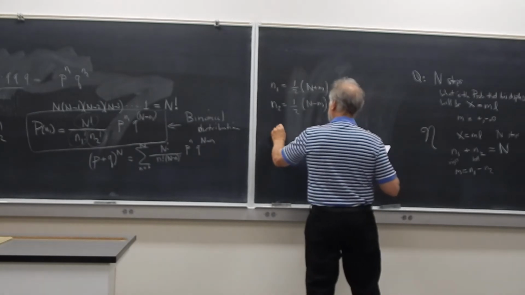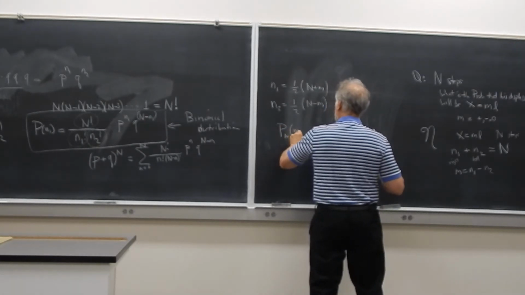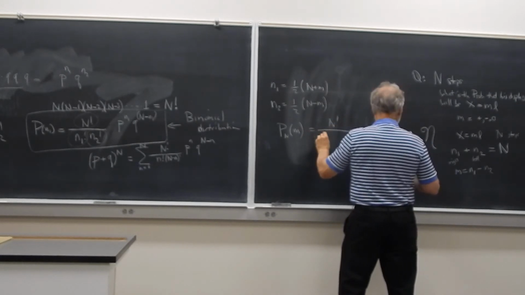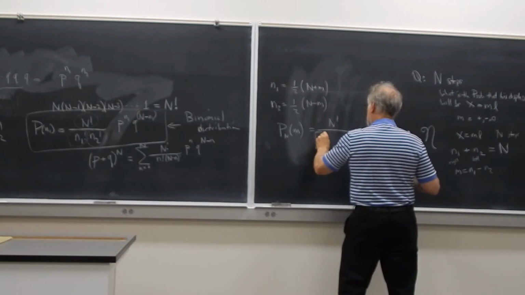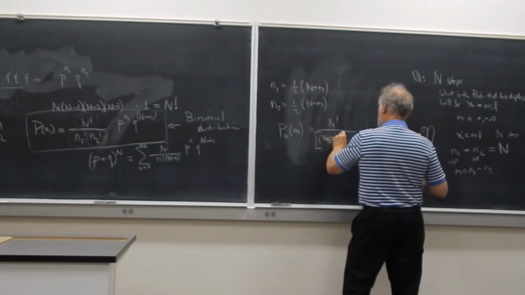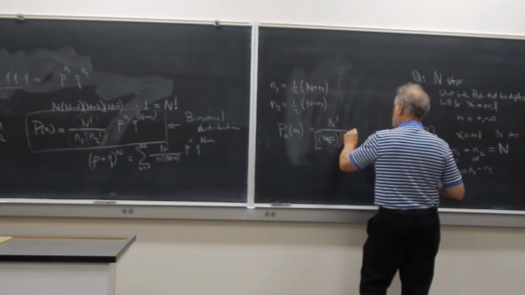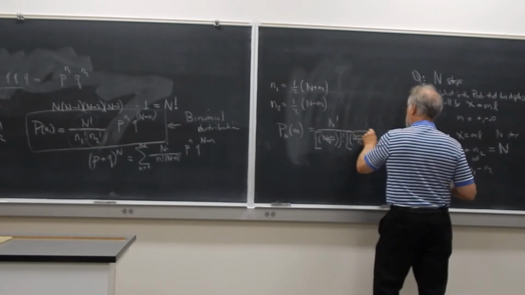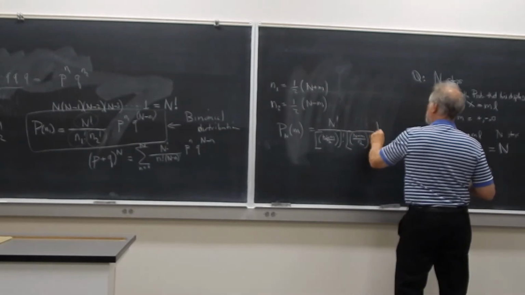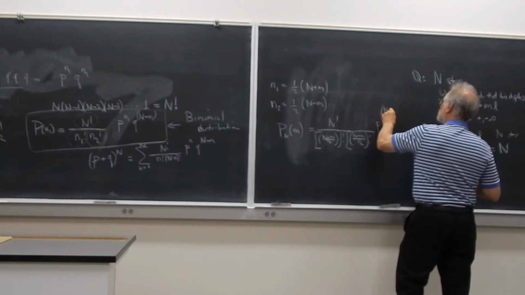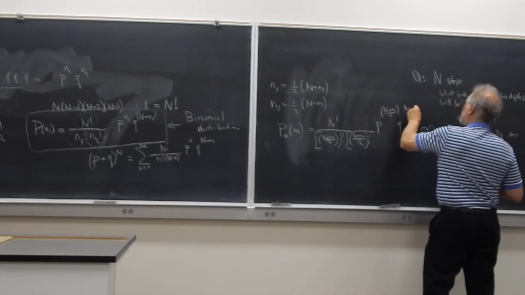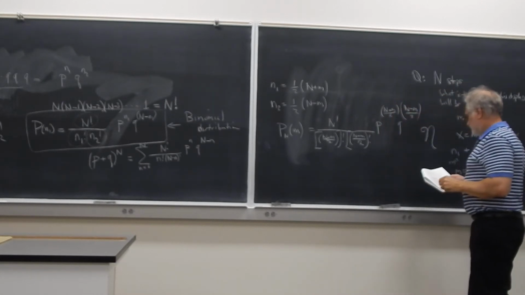And so the probability in terms of m, what my final displacement is, I could write as N factorial over (N plus m over 2) factorial times (N minus m over 2) factorial, p to the (N plus m over 2), q to the (N minus m over 2).